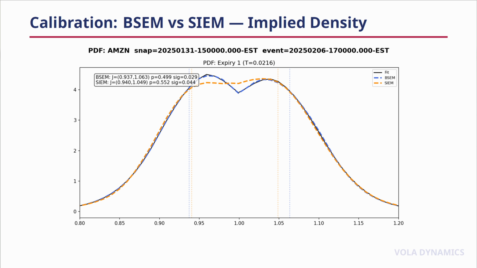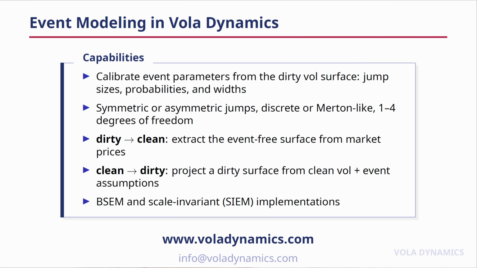Either the consistent scale invariant model does not correctly describe the dynamics of the markets during the event announcements, or the market is using a simpler Black-Scholes event model description as an engineering approximation that is not completely consistent, and there is a market opportunity.